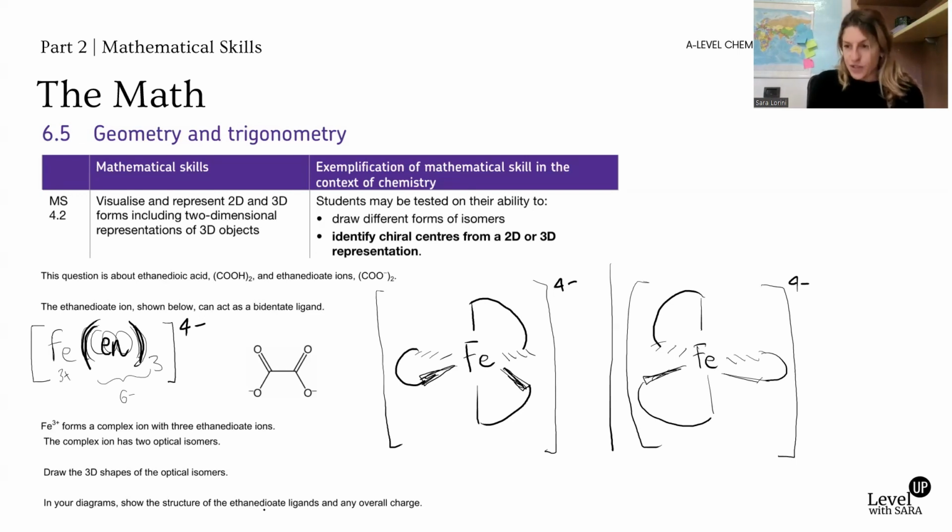Now, notice that the question is asking, show the structure of the ethanedioate ligand. So it's not like I draw it, I wouldn't get the marks. You would have to draw it exactly as the oxygen is bonded here. And then you have to follow the same lines, okay? It takes a bit of practice.